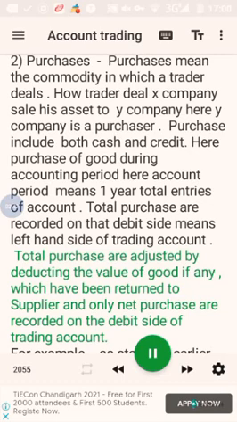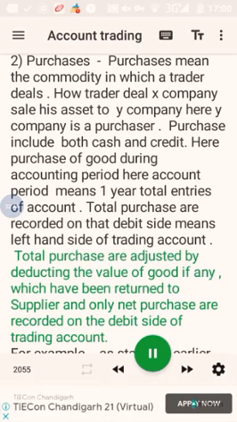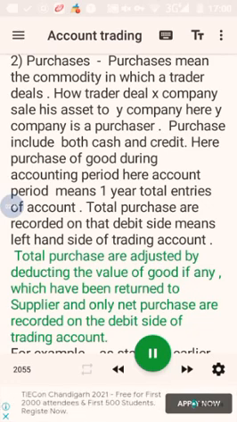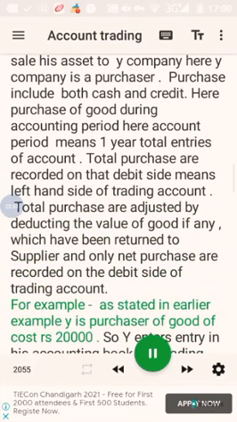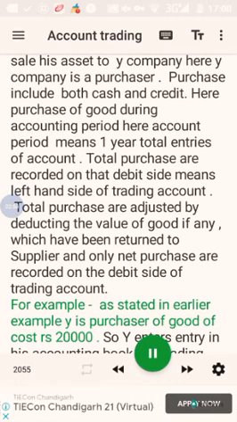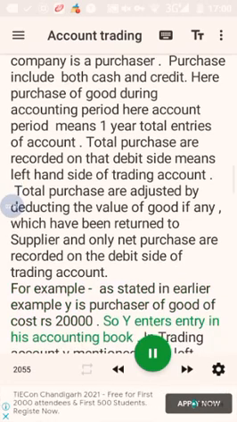Total purchases are adjusted by deducting the value of goods, if any, which have been returned to the supplier, and only net purchases are recorded on the debit side of trading account. For example, as stated in the earlier example, Y is purchaser of goods of cost 20,000 rupees. So Y enters an entry in his accounting book.